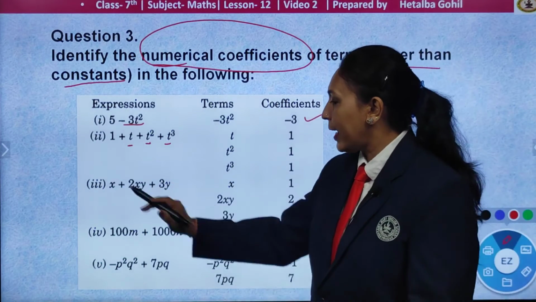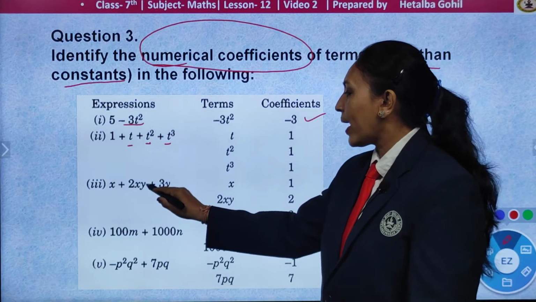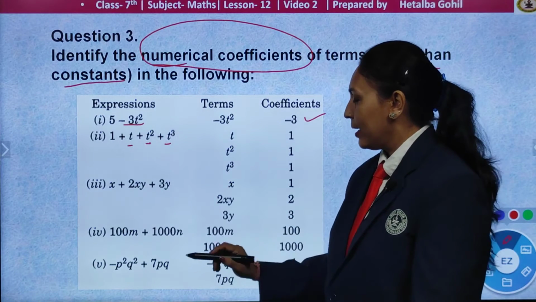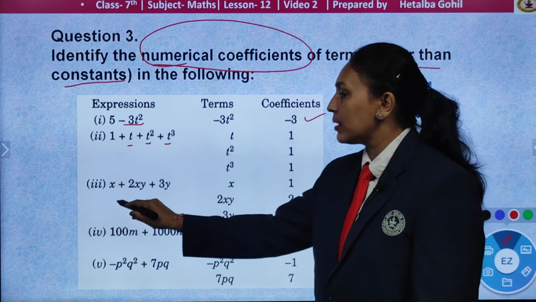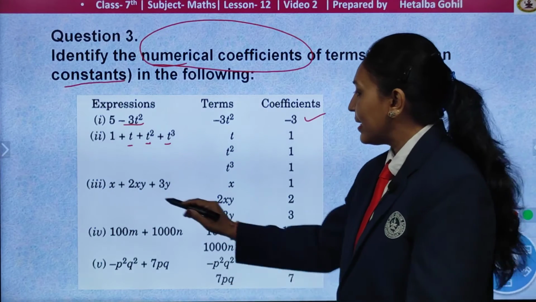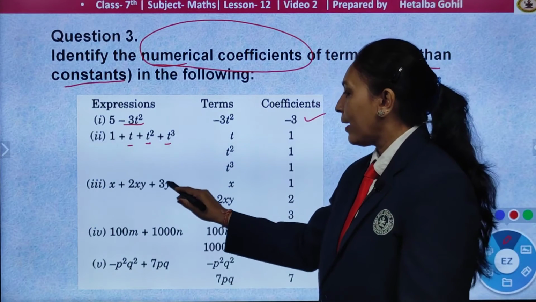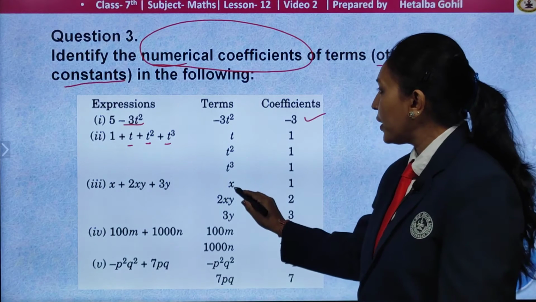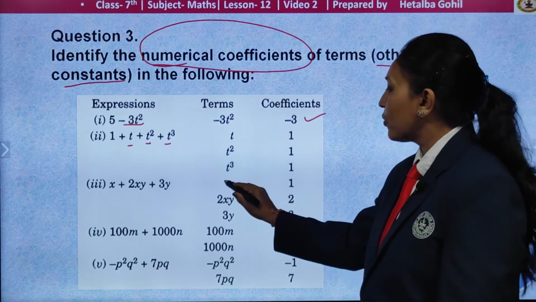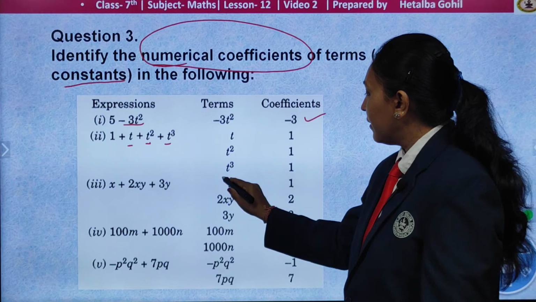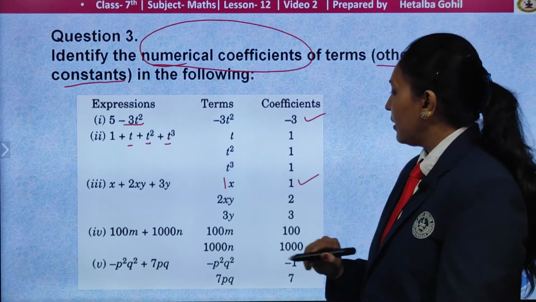Let us move to the next: x plus 2xy plus 3y. So here we have the three terms with numerical coefficients, that are x, 2xy and 3y. The coefficient of x, as I told you, there is no number here, so we take it as 1.